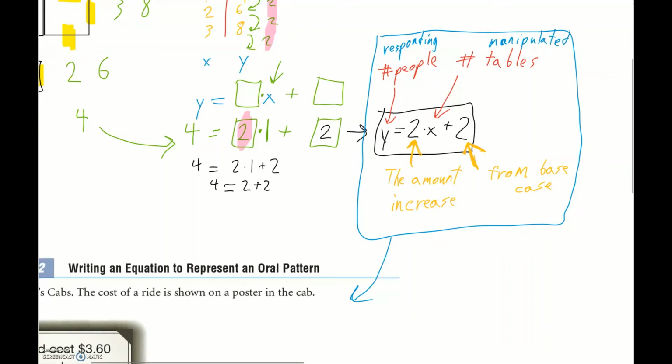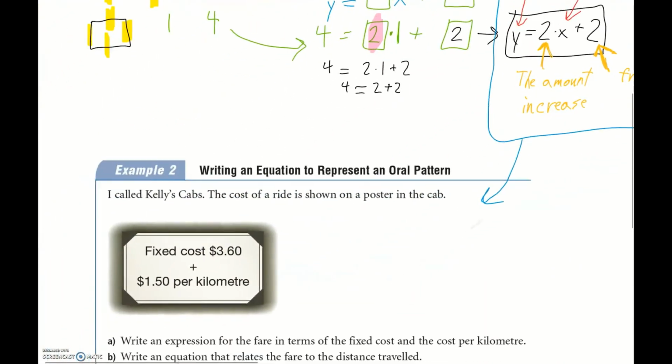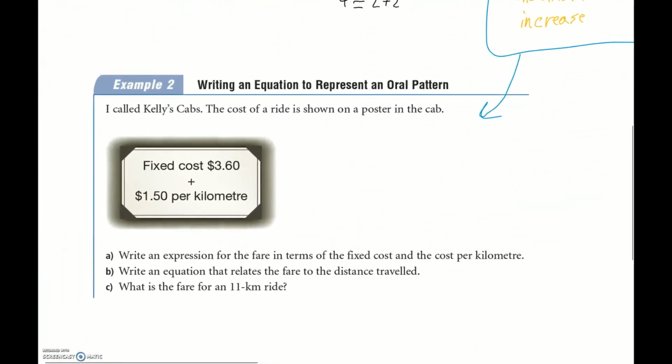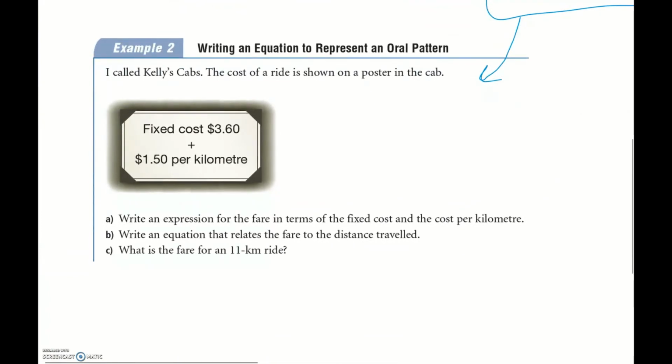Okay, so this is kind of like science ideas, and math and science, especially at this point, start to really intersect a lot. Okay, coming down here, we're going to look at our next situation.